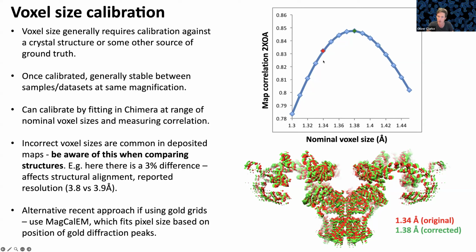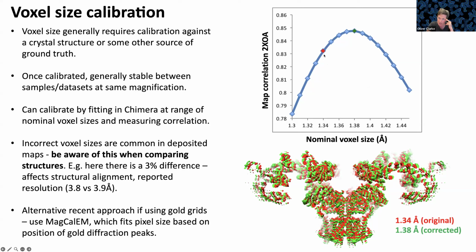And that's what you can see going on over here. In red, you can see the original map at a particular voxel size. Then we tested all of these different voxel sizes, rigid fit a crystal structure, in this case of the N-terminal domain of the ryanodine receptor, and then measured the correlation in the resulting map.